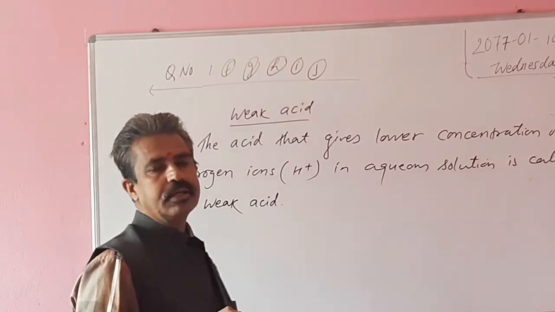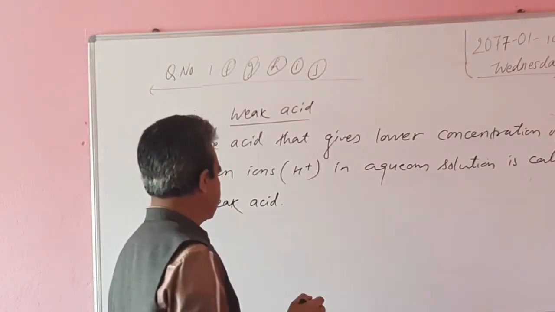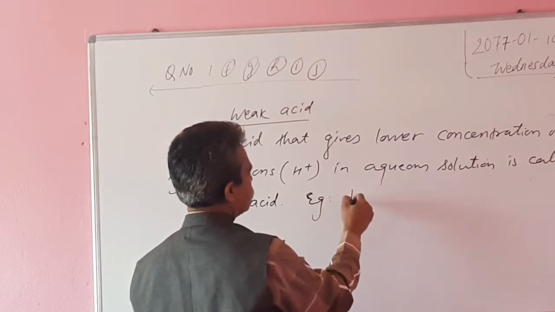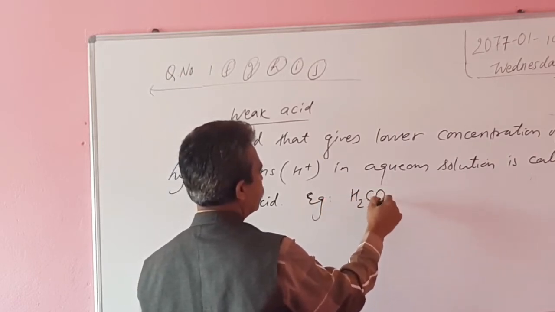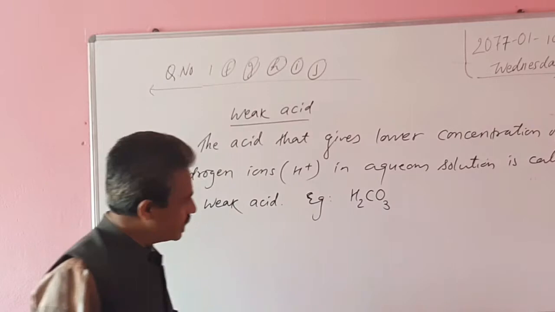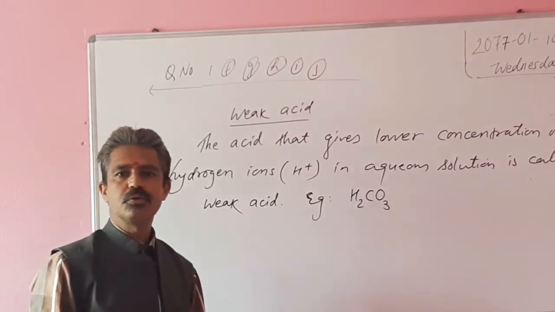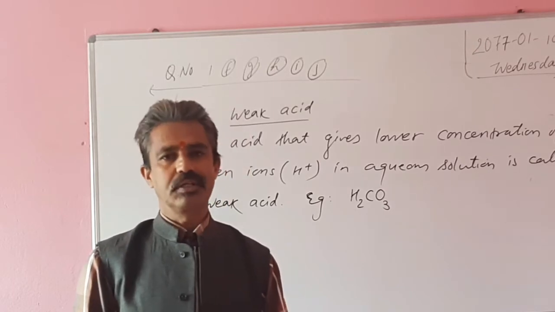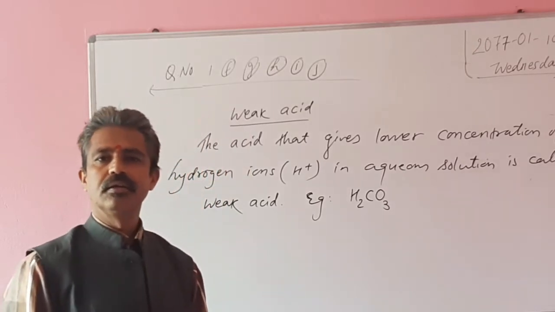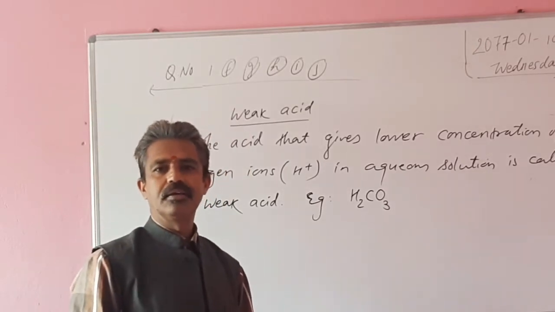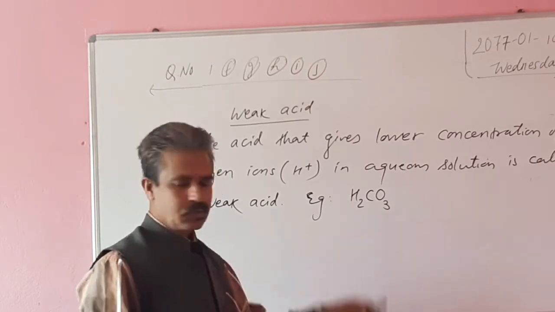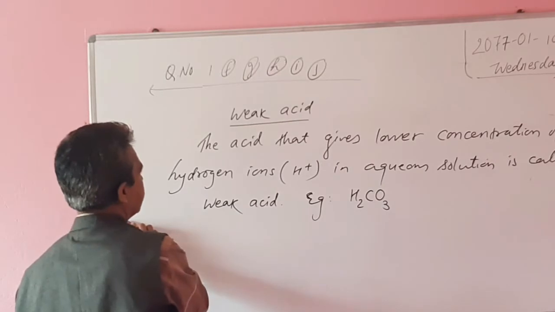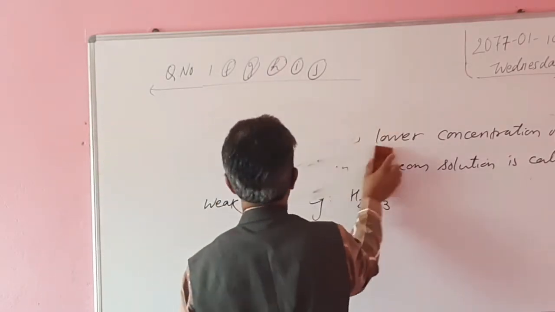All the organic acids are weak acid. Side by side, one inorganic acid is also weak, H2CO3. You know what is the name? H2CO3? Carbonic acid, which is found in soft drinks, right? Coca-Cola, Pepsi-Cola, etc. Or in soda also it is found. Okay, let me rub it out about weak acid.